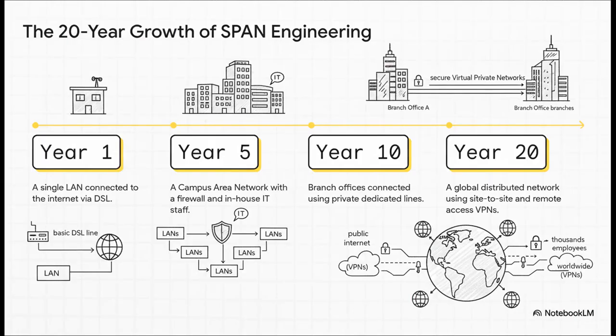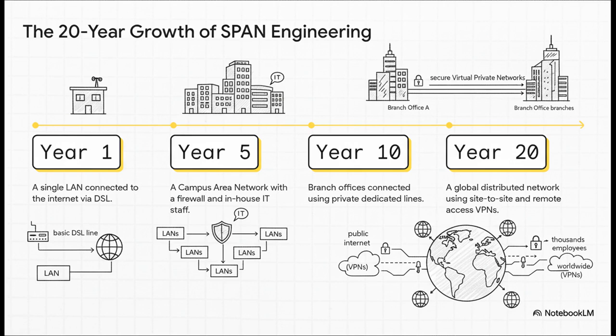So, in the beginning, year one, Span is just a small office with a single LAN, your basic internet connection. But by year 5, they're growing. They're taking over multiple floors, and they need a real campus network with their own IT staff to manage the whole thing. Fast forward to year 10, they're going national, opening up branch offices and connecting them with these expensive, private, dedicated lines.